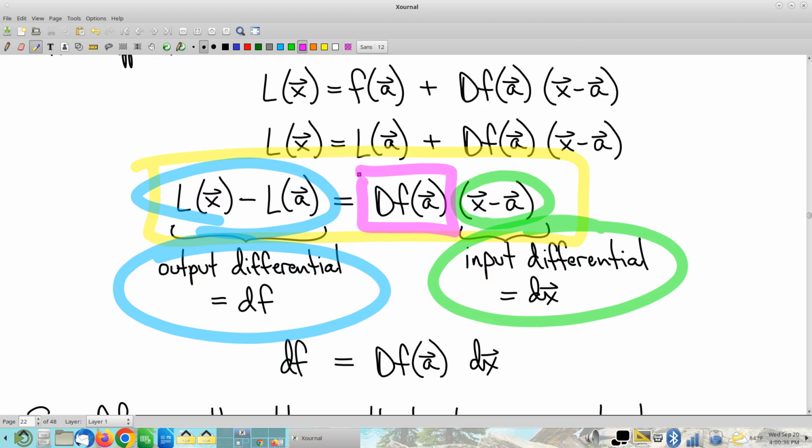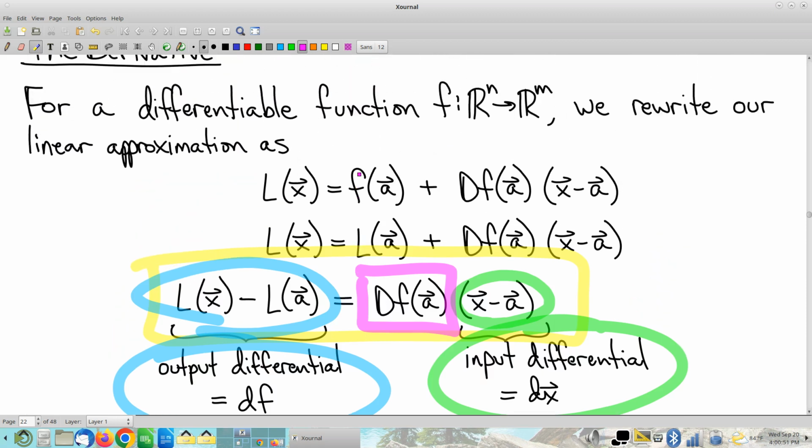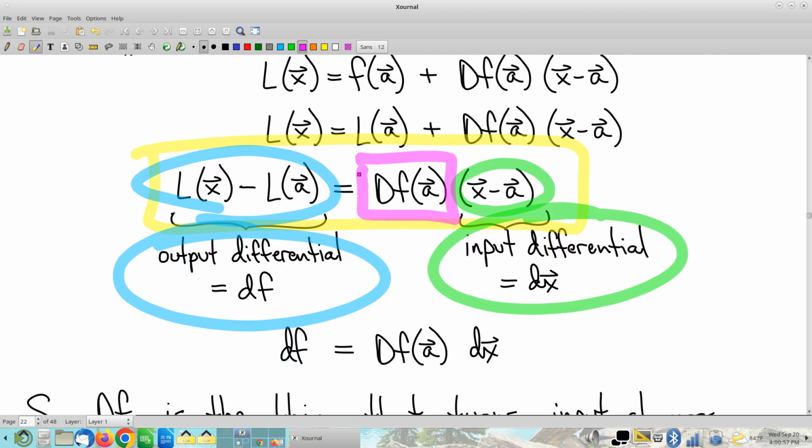That's what derivatives do. That's the fundamental sort of unifying characteristic of all of our derivatives. Their relationship between input changes and output changes. And DF is the thing that does it in general, right? In this general multivariable vector valued case, the derivative matrix is the thing that does what derivatives are supposed to do.